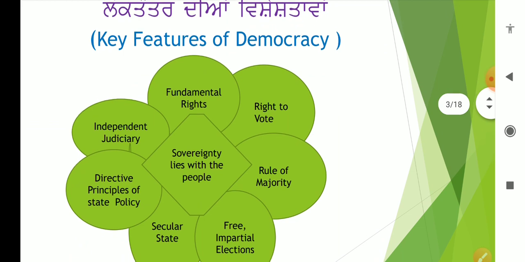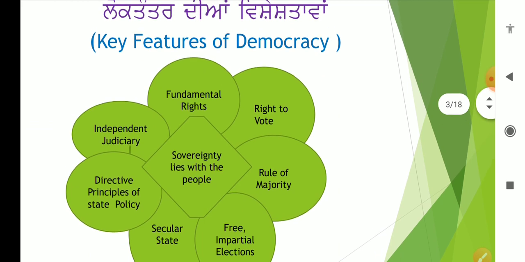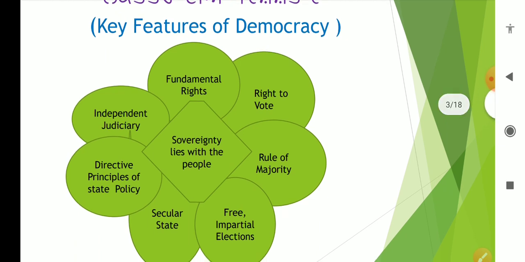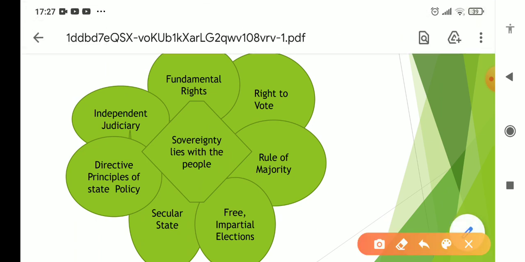So what are the main features of democracy? Here in a democratic country we have rule of the majority basically, and first of all sovereignty. The supreme power lies with the people. Sovereignty lies with the people. It means that internally and externally there is no one ruling the country, right?